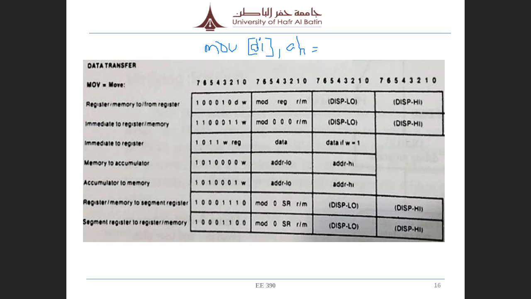Now look at here. Which format is it? The first format again. In the first format, we can see register or memory to or from register, or you can say from register to memory.